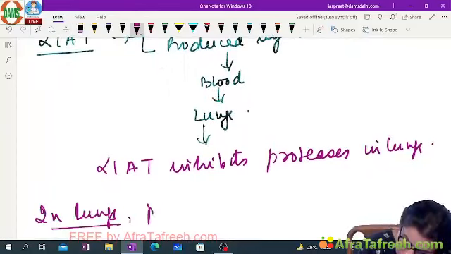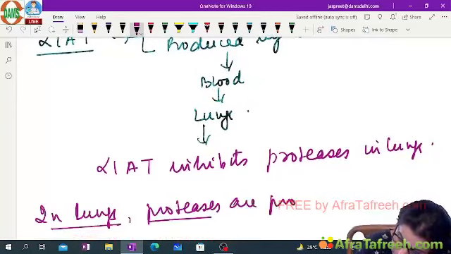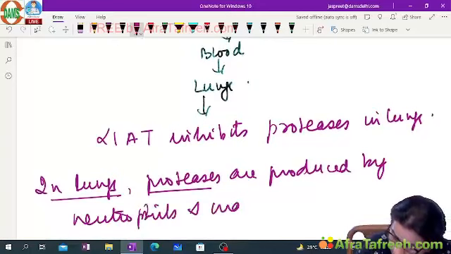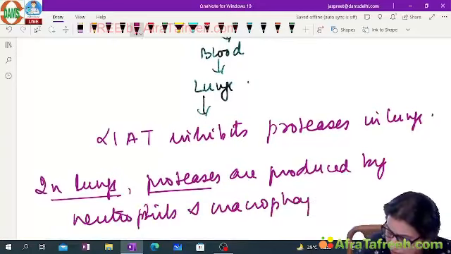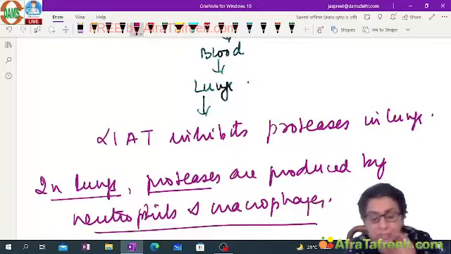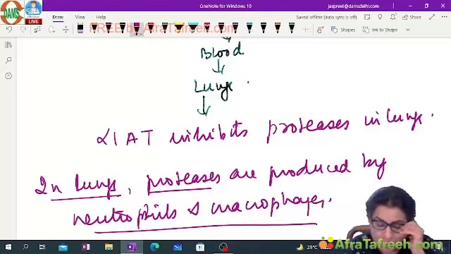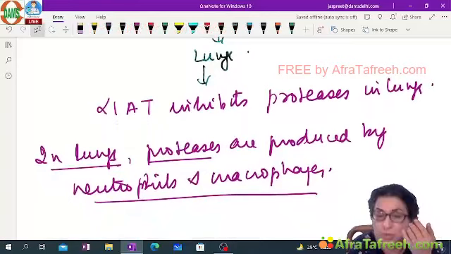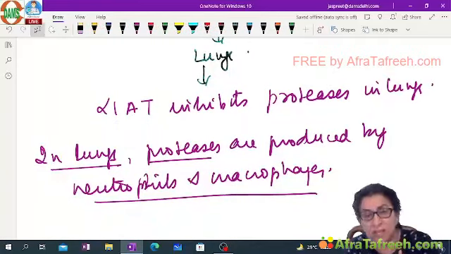Proteases are produced by neutrophils and macrophages, and other cells can also produce these enzymes. So in the lungs, proteases are produced by neutrophils and macrophages.